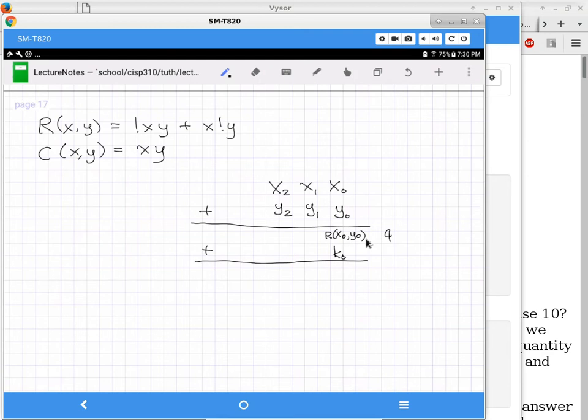So what's going to be bit 0 of the sum? What goes here? R of K0 and, not R0, we don't have an R0, R of K0 and Q0. Okay, close enough.